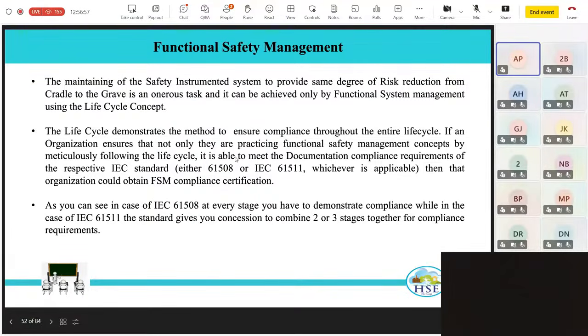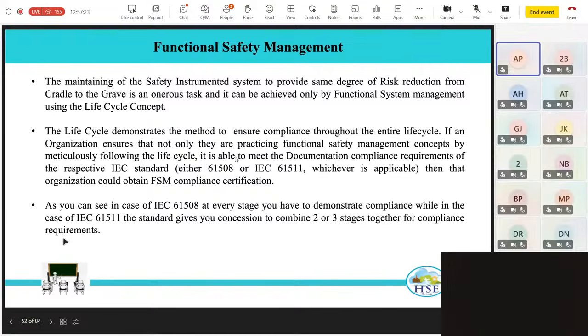As you can see, in the case of IEC 61508, every stage you have to demonstrate compliance, while in the case of IEC 61511, the standard gives you a concession to combine two or three stages together. Why this concession is given is because IEC 61508 is very much within one manufacturer, within one house of a manufacturing company.